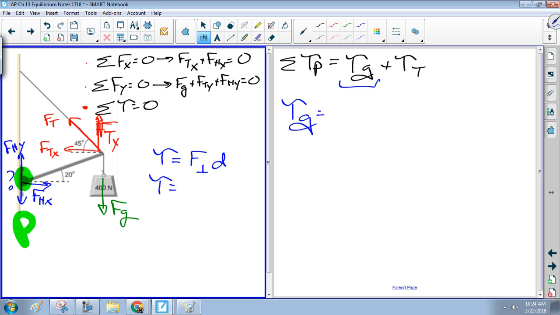Option 2 was to multiply the force by the perpendicular component of the lever arm. To me, that makes a little bit more sense, right? Because in this problem, our lever arm is this beam, and it technically is a vector, so really there's a little arrowhead at the end of it.